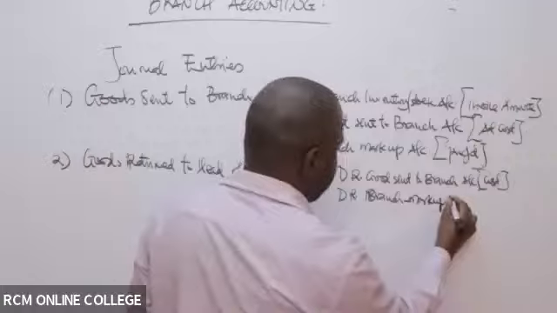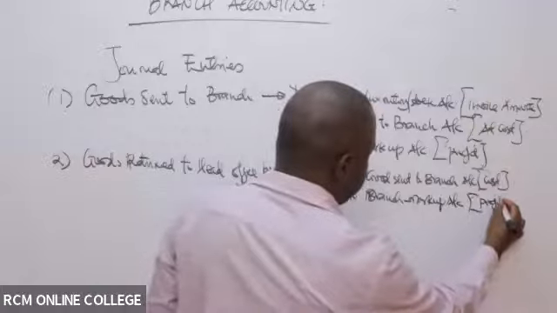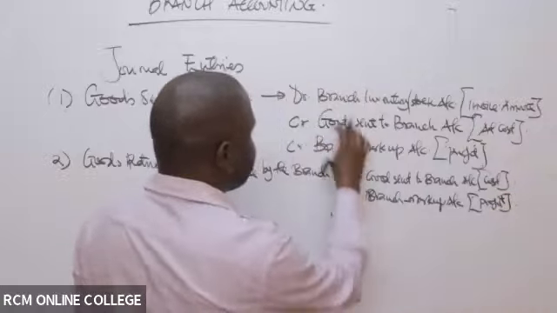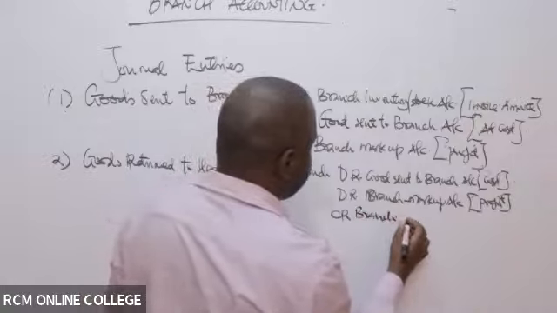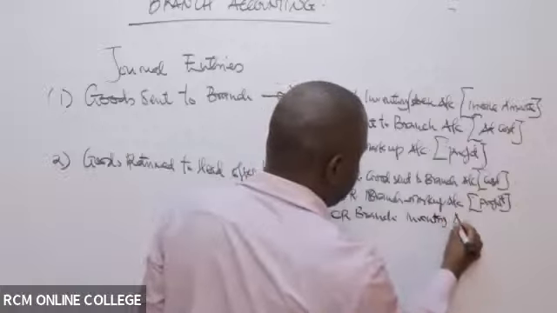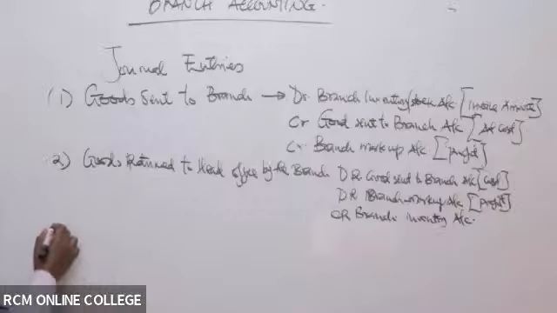This one will be the profits on those goods. Then you do the opposite, you credit the branch inventory account. So that is transaction number 2 that can occur.